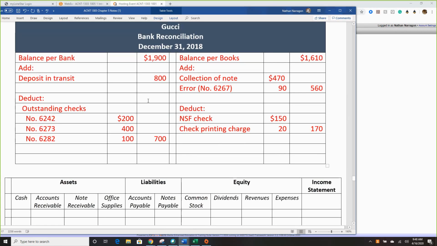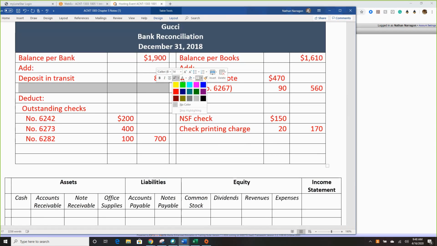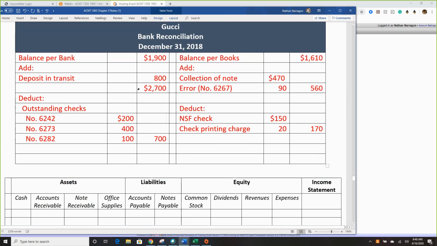So all we have to do now is our classic math and make sure the balances come out correctly. If I add this side to the deposit and then subtract, I come out to an adjusted bank balance of $2,000. Same thing here, I'll add and then subtract, and we come out to $2,000 on both sides.